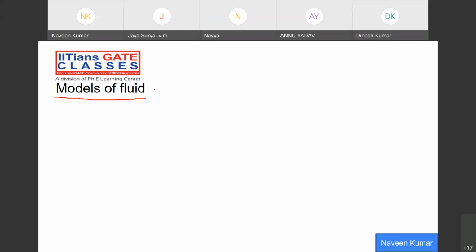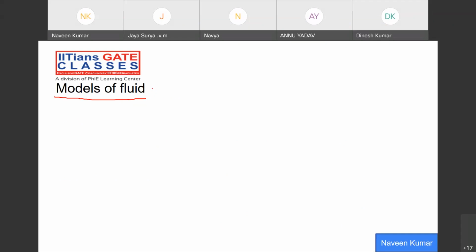It is not a solid body, right? For a solid body you can find the stress and the strain, because you can see it. But for a fluid element, you have to assume a model on which we are going to apply all the fundamental equations: continuity, momentum, energy.